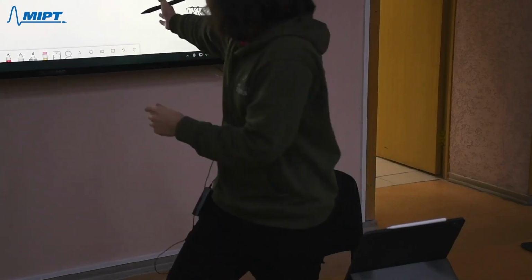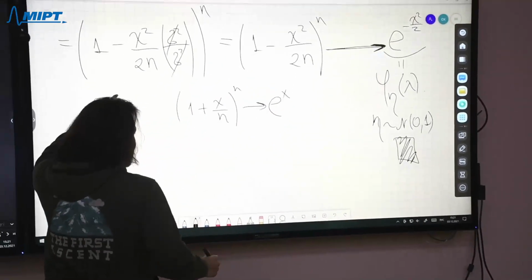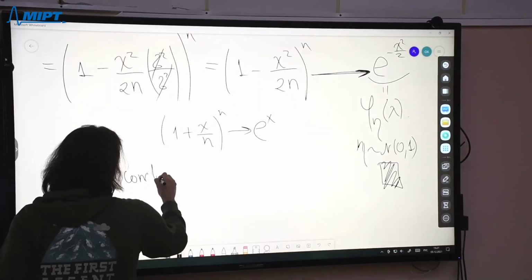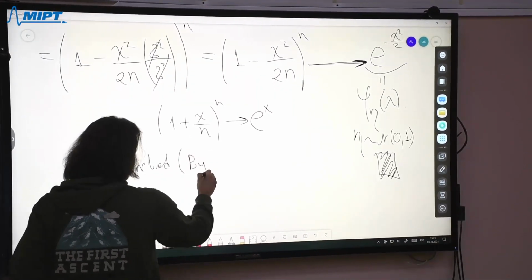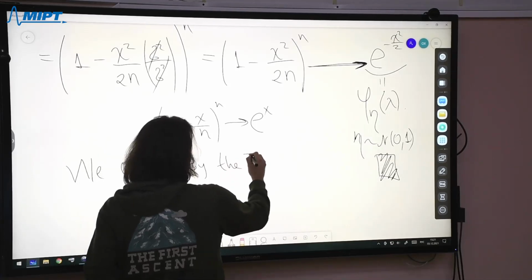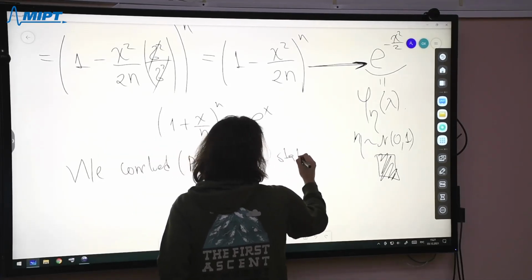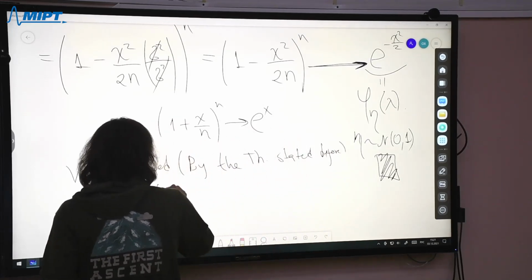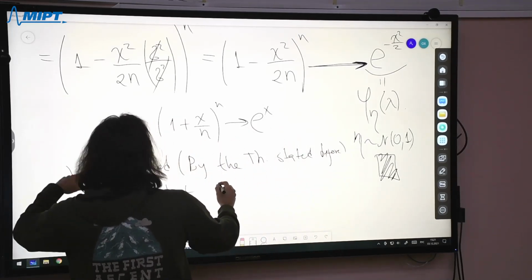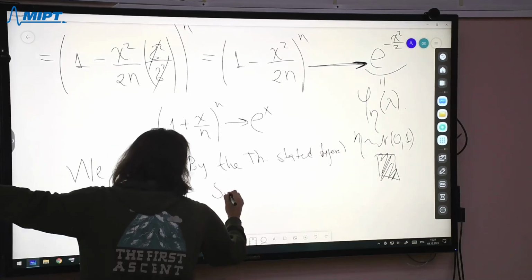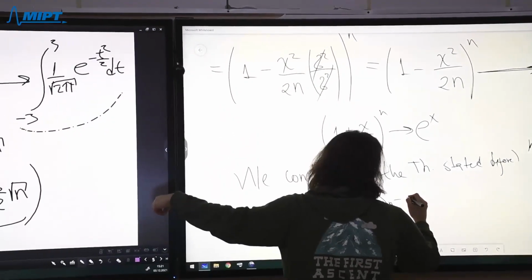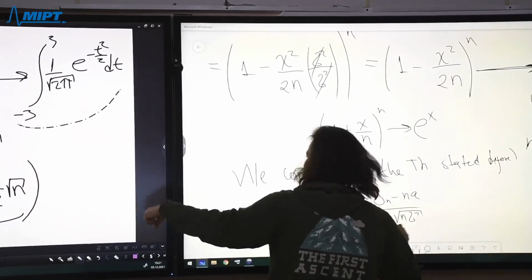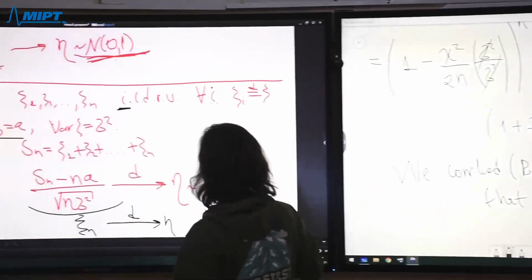So from here, let me write that, we can conclude by the theorem stated before that this Sn minus na over the square root of n sigma squared, this is what we had at the beginning, right?